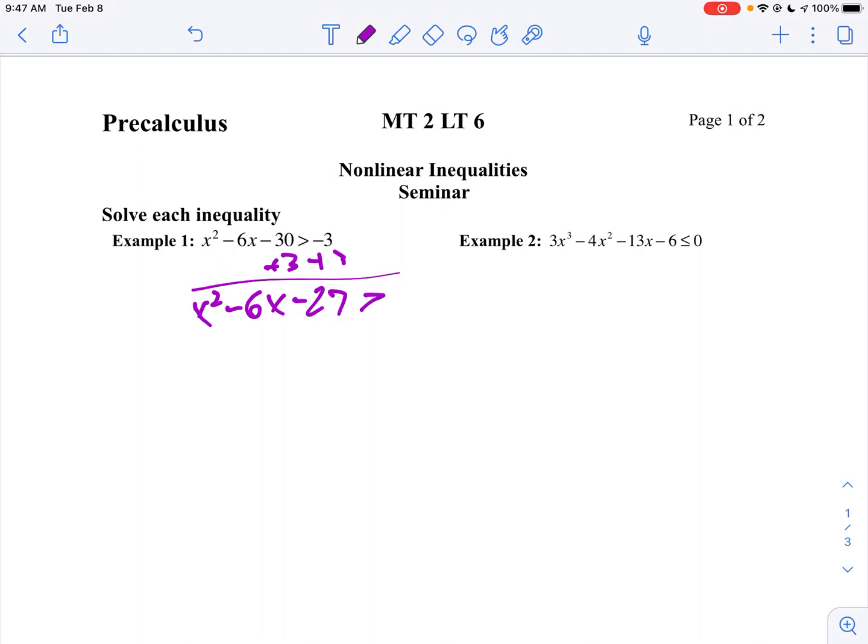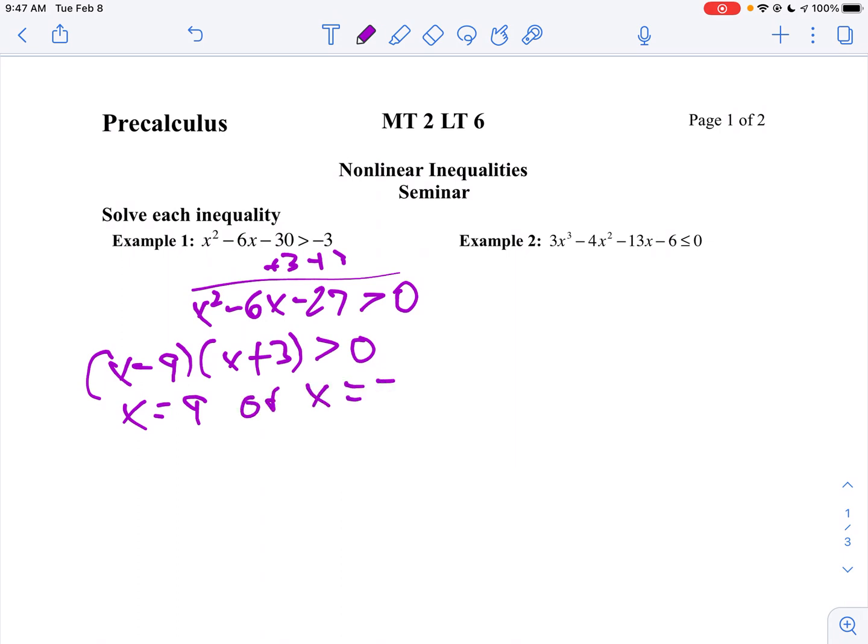That's going to be greater than 0. You can write 0 less than if you want to. Now we'll factor that. So I'm going to get x minus 9 times x plus 3. So my zeros are when x equals 9 or when x equals negative 3.